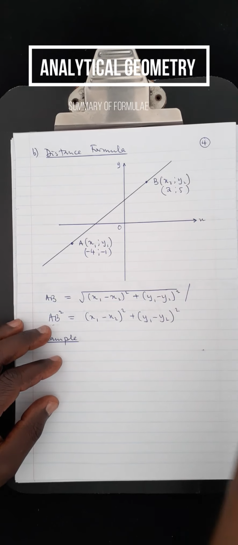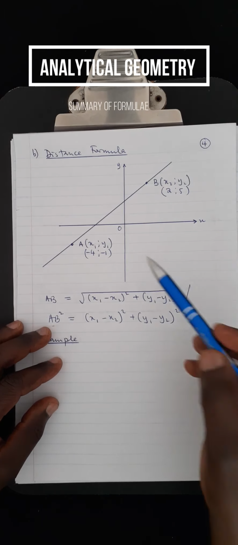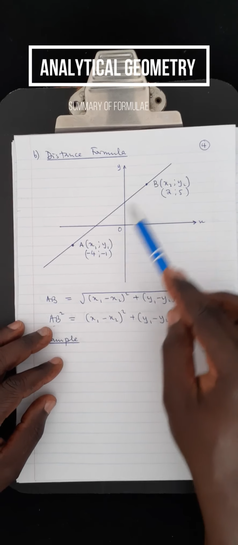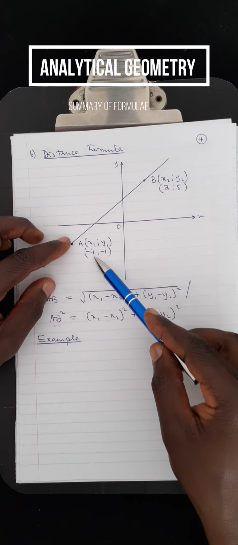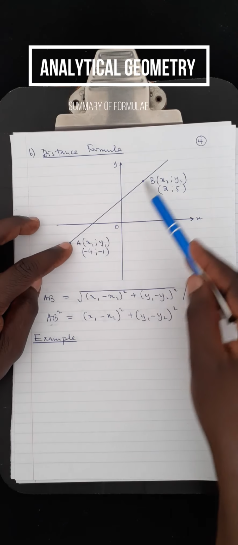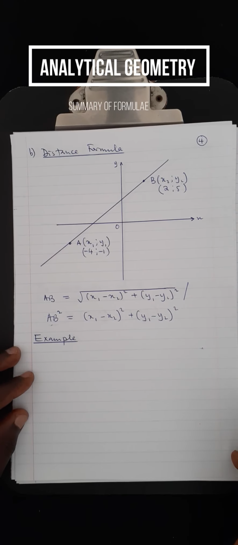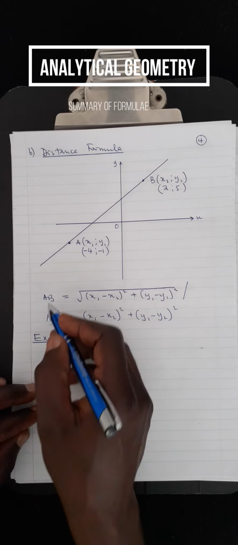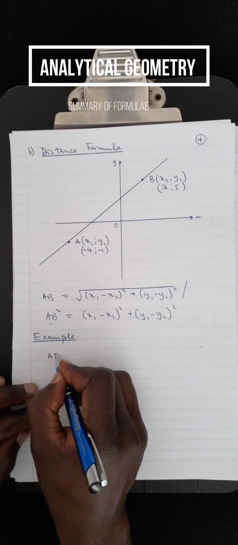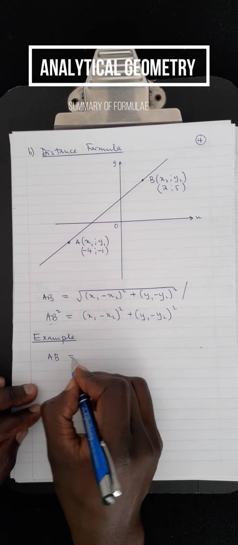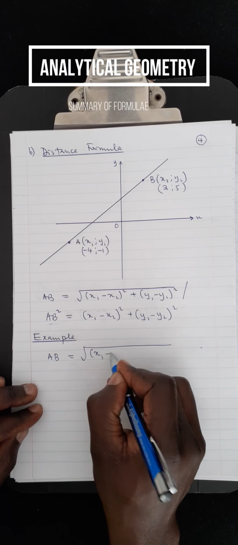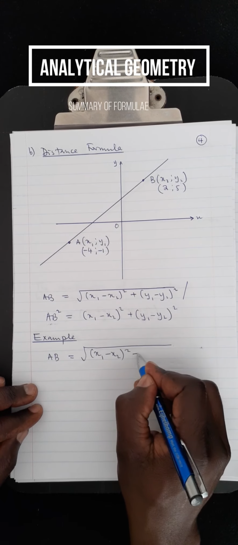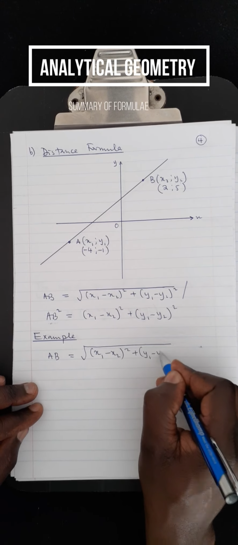So the question is, suppose you are given 2 points with known coordinates. How do we use these points to find the distance between A and B? Using the formula, the distance from A to B is equal to the square root of, I'll write the equation again, (x1 minus x2) squared plus (y1 minus y2) squared.